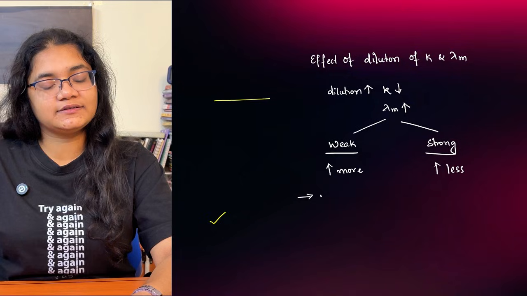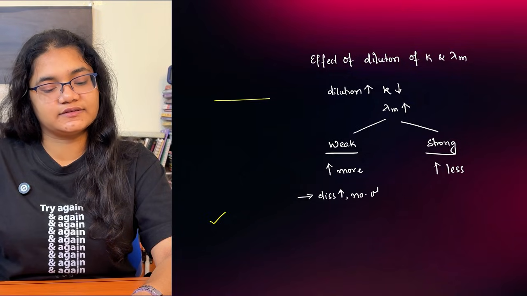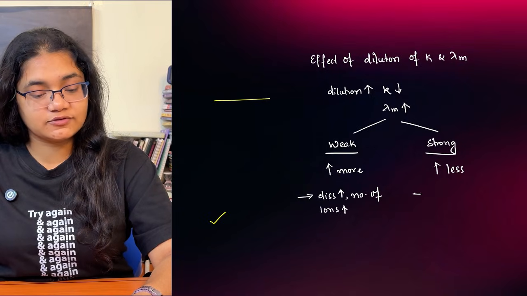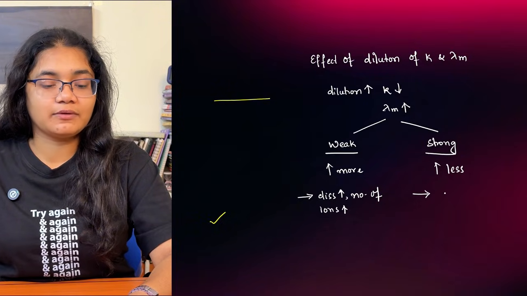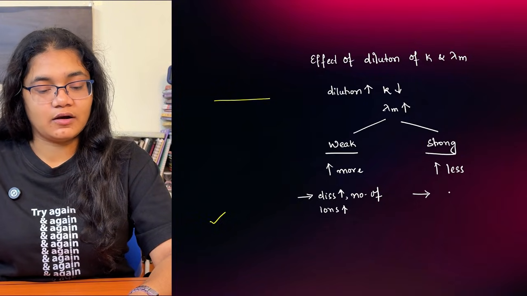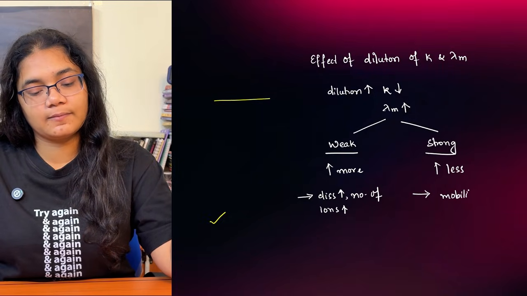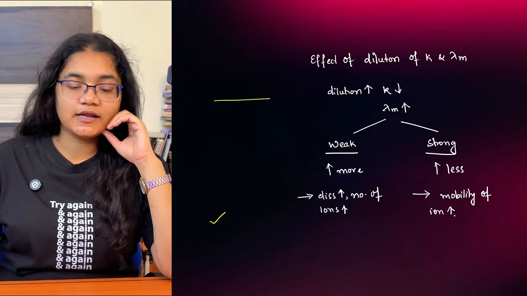In weak electrolytes dissociation increases, so the number of ions increases. In case of strong electrolytes, the only thing that happens is the mobility of ions increases. So this is done.